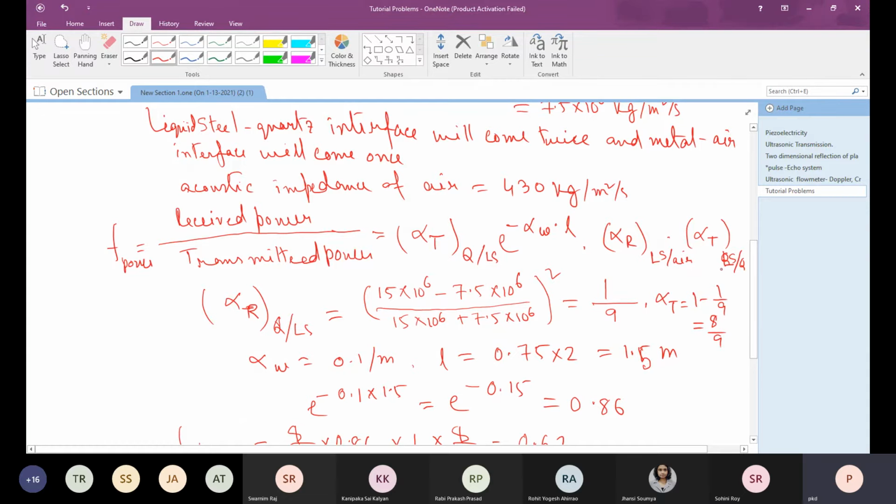But in the table 16.2, the acoustic impedance is given differently, 4.7 into 10 to the power 7. That is of course not liquid still. Density 7.8. Here the density is 5 into 10 cube.